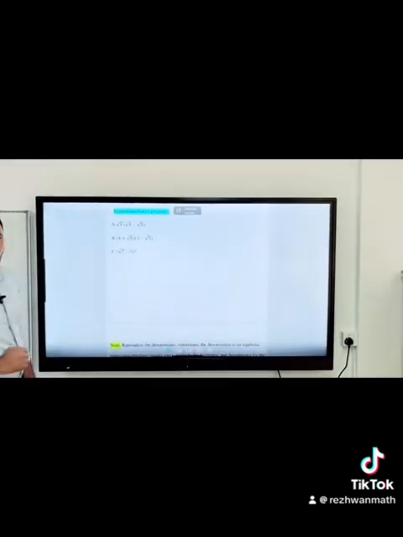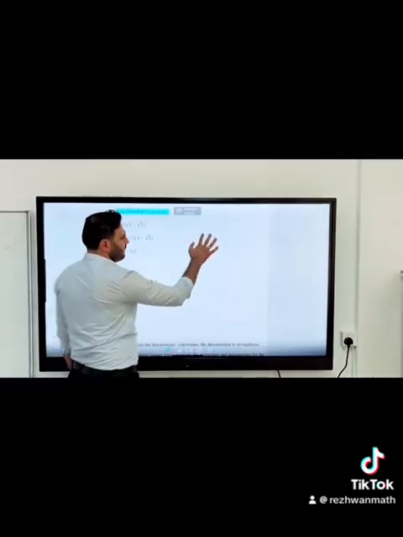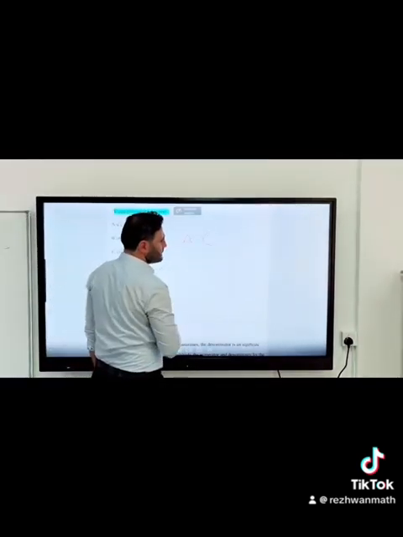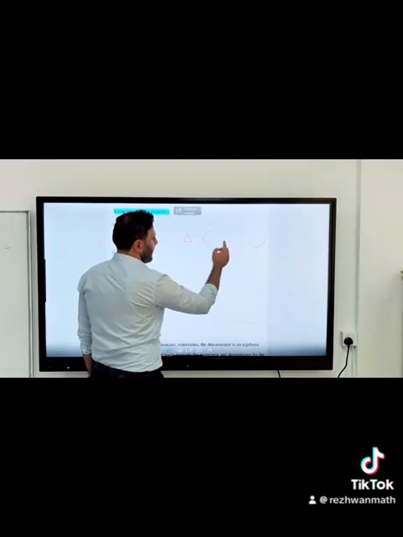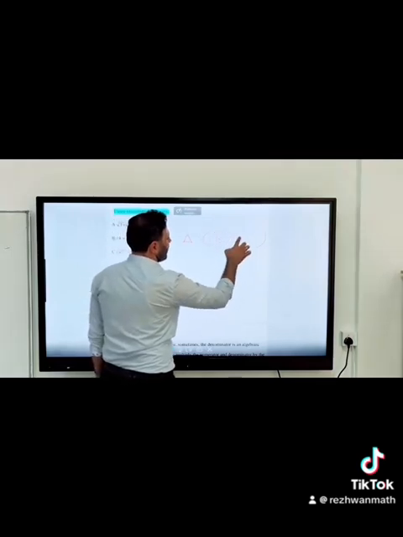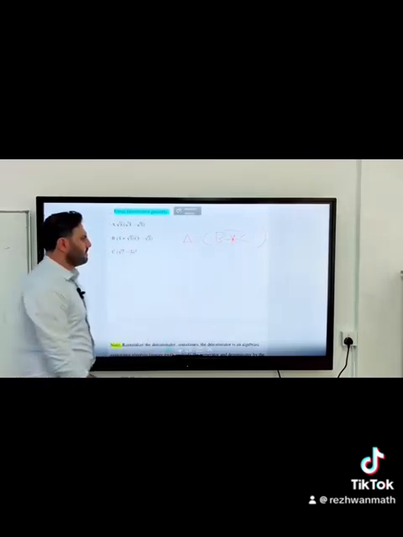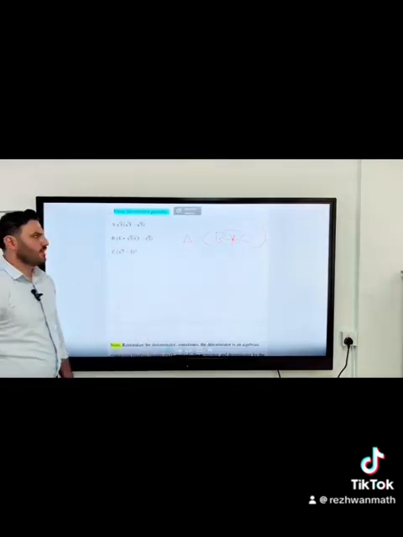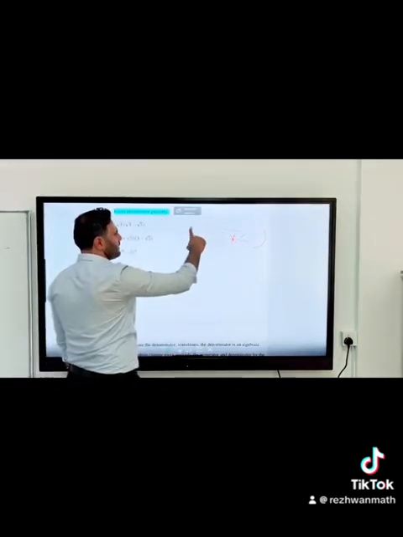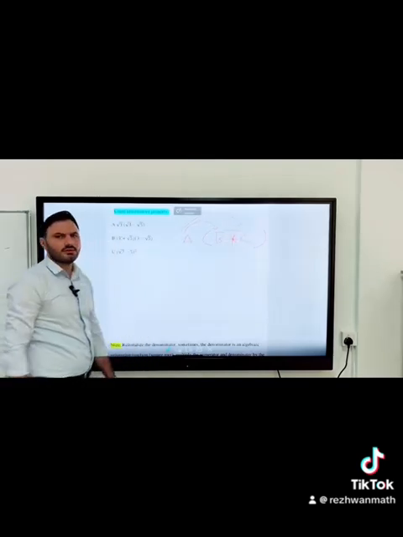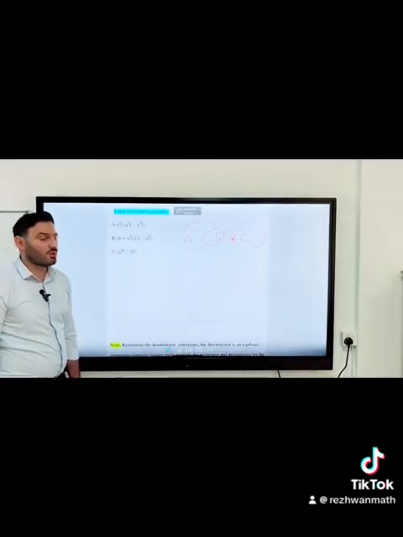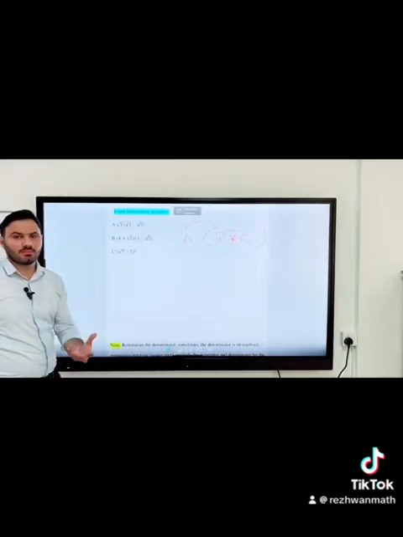Okay. What's the distributive property? The distributive property says if we have a number in front of the parentheses, and inside we have b plus or minus c, we can distribute the number in front into the parentheses by multiplication.